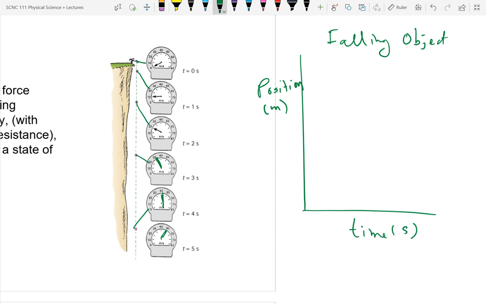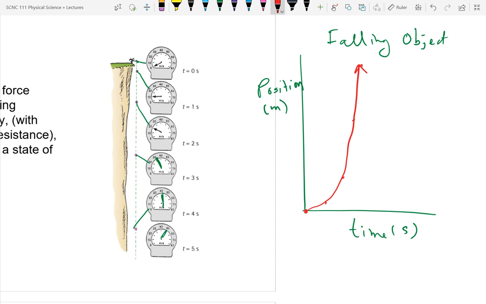So they're going to be positive distances here. It's going to start at time equals 0 at 0. After 1 second, it's just moved a little bit. After 2 seconds, it's moved much more. After 3 seconds, much, much more. And I get a graph that looks like this. It's a parabola.